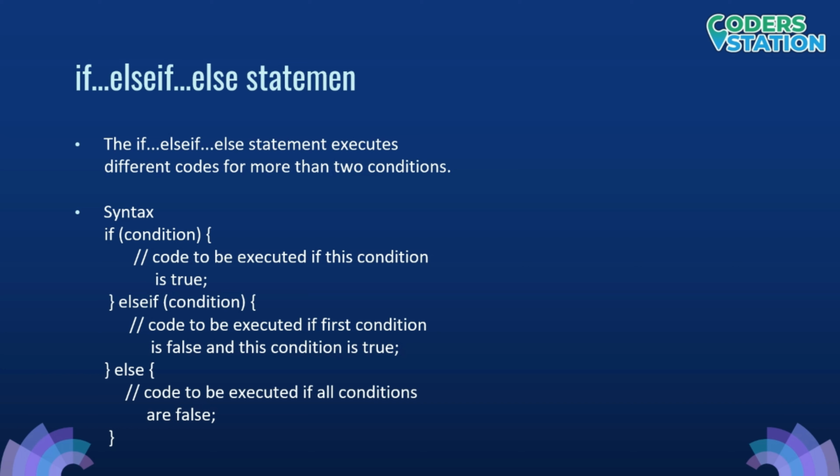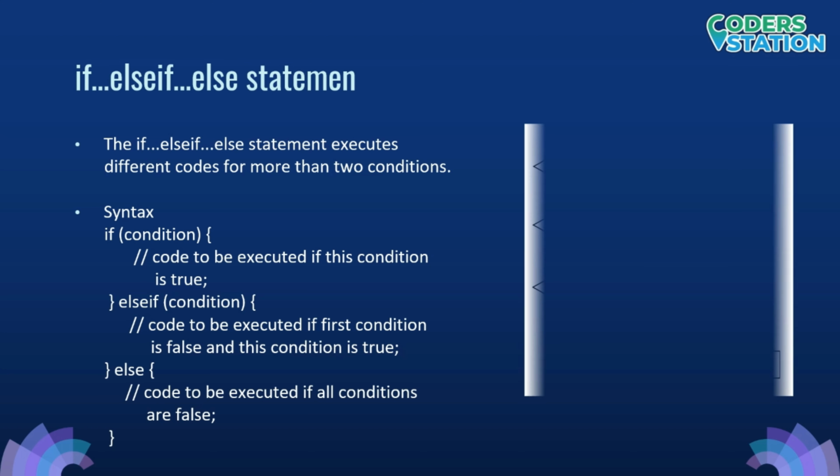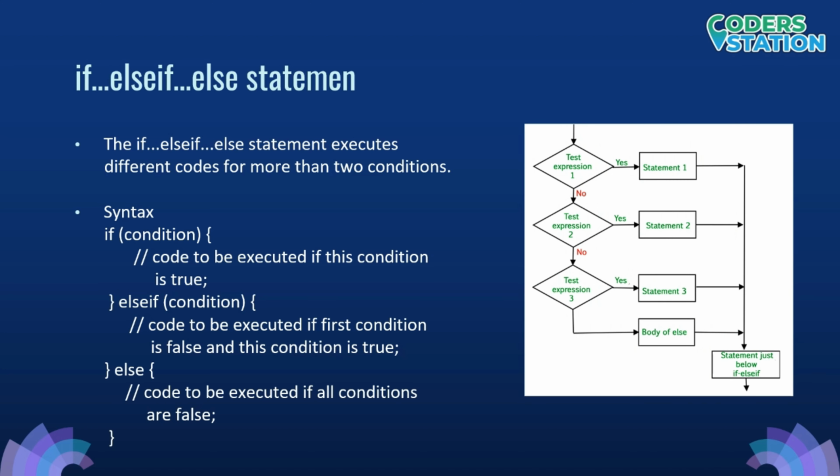Else if condition, again the condition is checked, then the code to be executed, and if the earlier 2 conditions are not satisfied, then the else condition is executed. In the flowchart: expression 1, if it is satisfied, then the code. Otherwise expression 2, if not, then expression 3, it can go on, and lastly the else condition is executed.